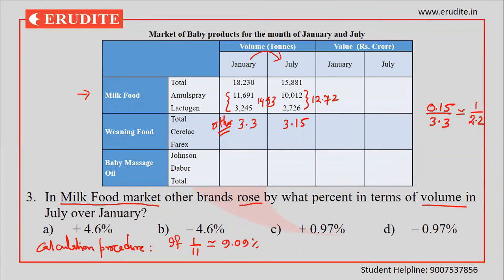Calculating 0.15 by 3.3, the decimal point will not be there, meaning I need to write it down. It is 1 by approximately 22.